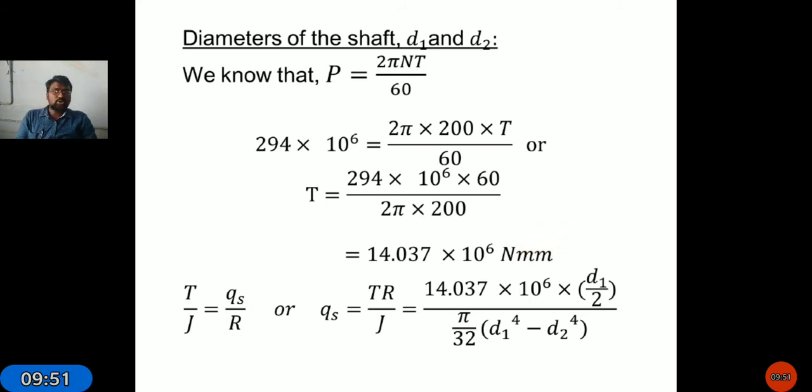Okay, by substituting the T value in the torsional equation, that is T by J equals Qs by R. T is 14.037 into 10 power 6 Newton millimeter, and J we can write by the formula, that is pi by 32 into (d1 power 4 minus d2 power 4). Already we discussed the formula for polar moment of inertia for a hollow circular section.